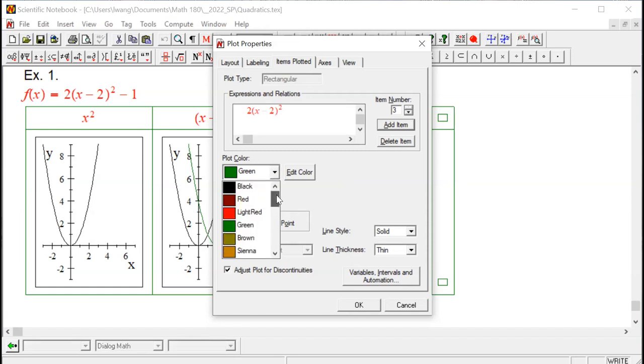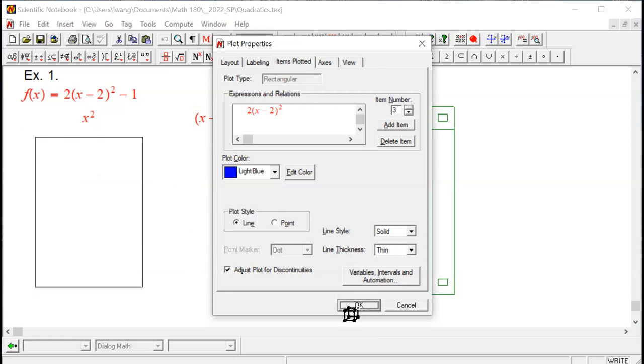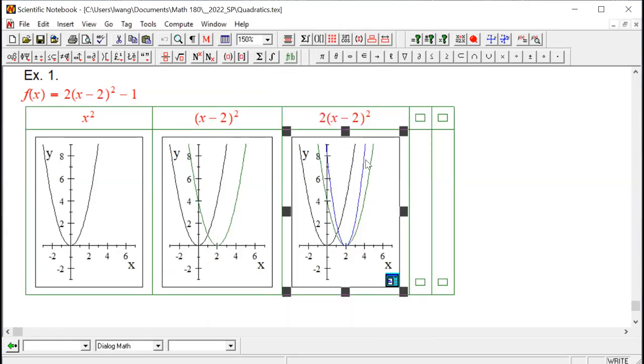This time I'm going to make it blue, so you can see the blue is more narrow. I'm going to tell my reader, because very quickly we're going to be confused about which is which, that this color is green and the next one is blue.